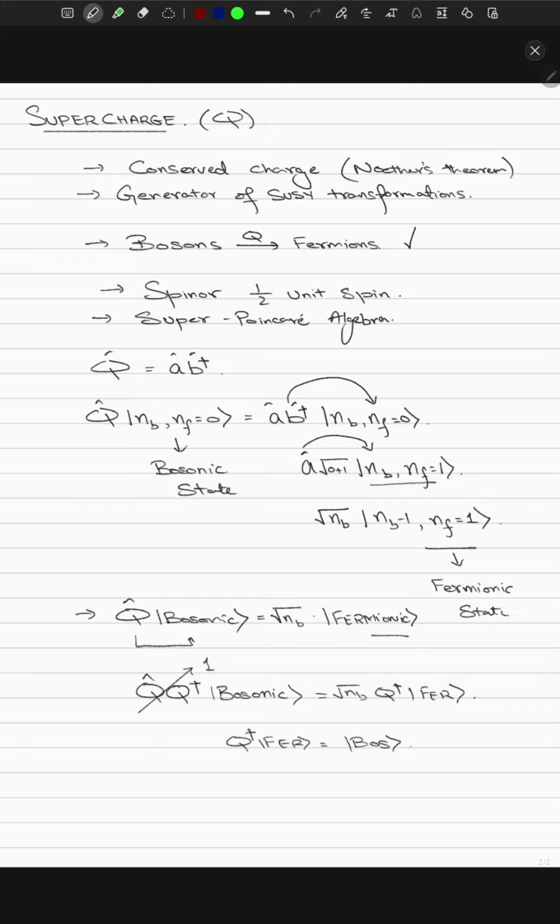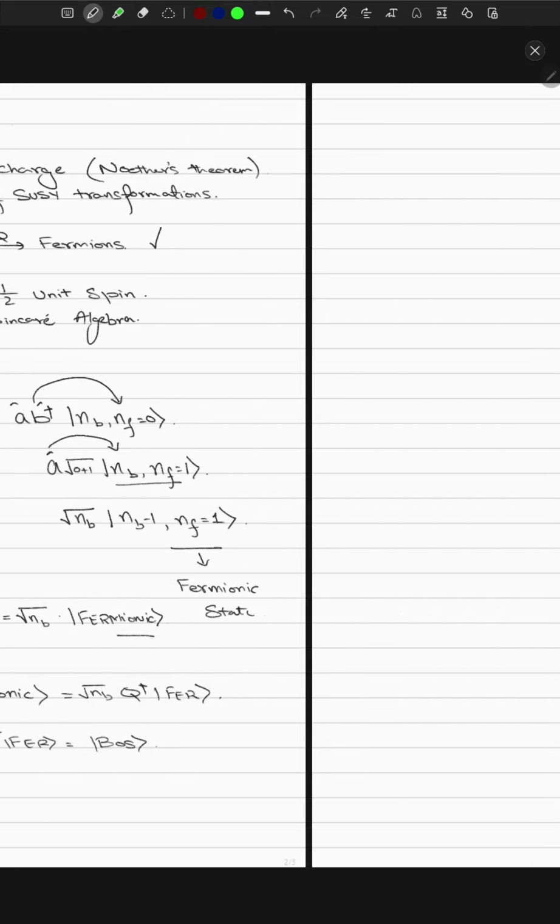and so this is 1, and therefore Q dagger on a fermionic state would give you the bosonic state, right? So then Q dagger is simply defined as, well, what was Q? It was simply A B dagger. So the dagger of this thing itself is simply B A dagger.